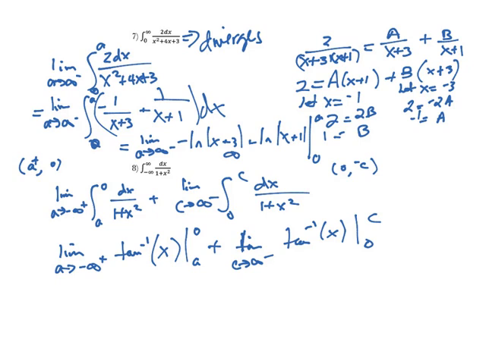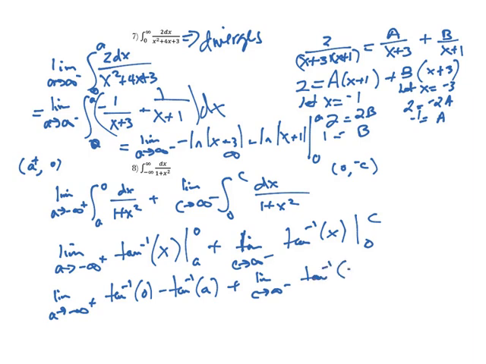So when I plug these in, I will have the limit as a approaches negative infinity from the right, the inverse tangent of 0 minus the inverse tangent of a, plus the limit as c approaches infinity from the left, of the inverse tangent of c minus the inverse tangent of 0.